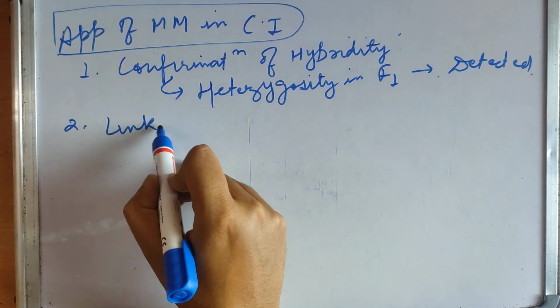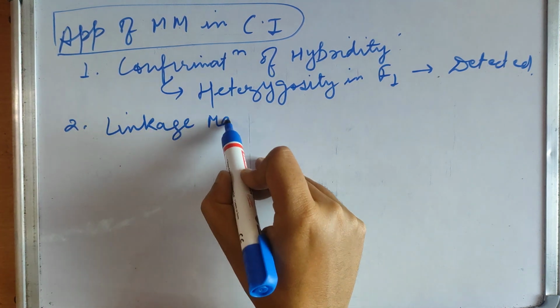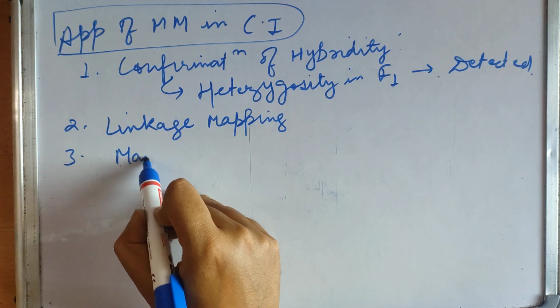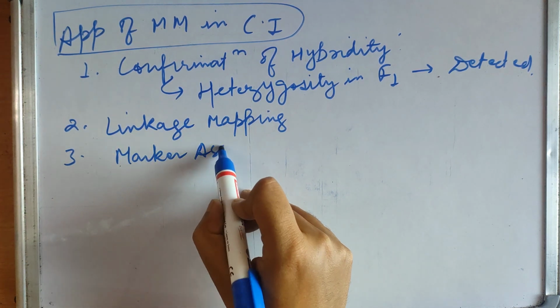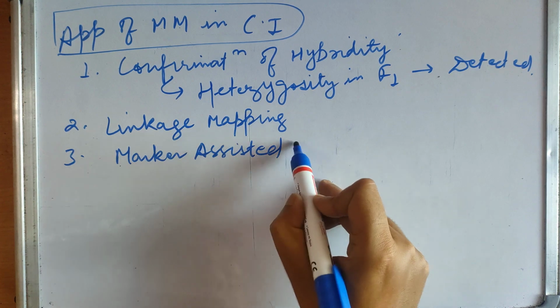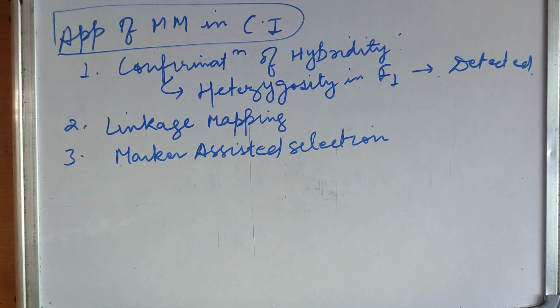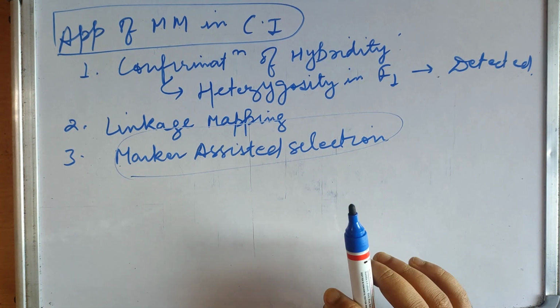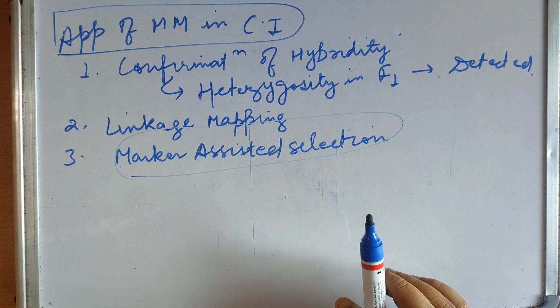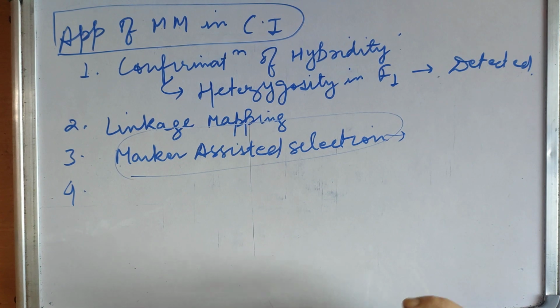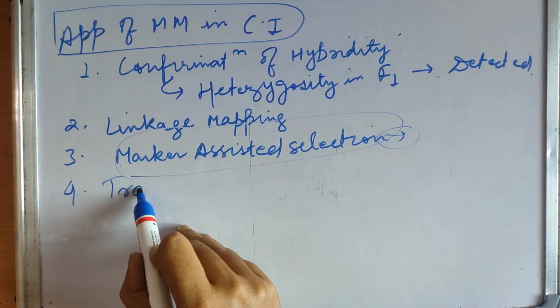They can be helpful in linkage mapping and in marker assisted selection, which we will discuss in this topic only. Through this selection we can identify genes controlling agronomic traits and use them to improve the population. Genes with good traits can be used to improve the population. We can do trait based selection.